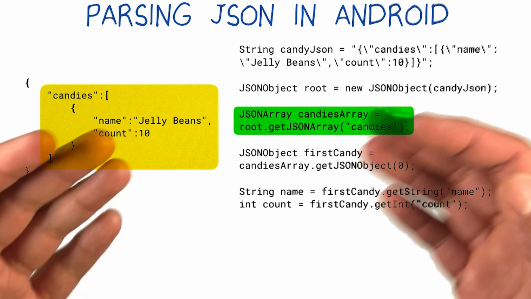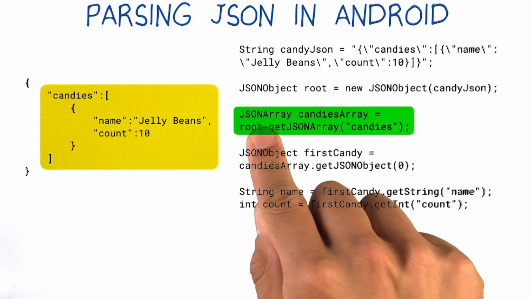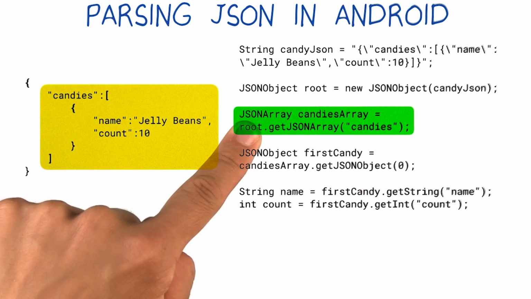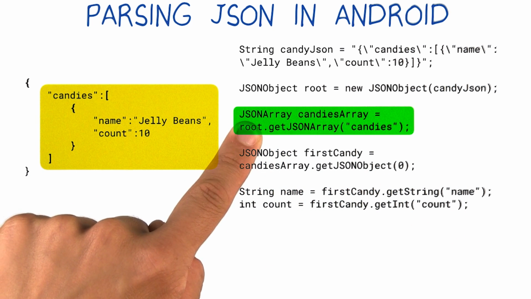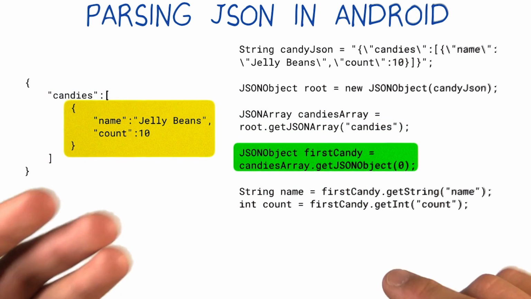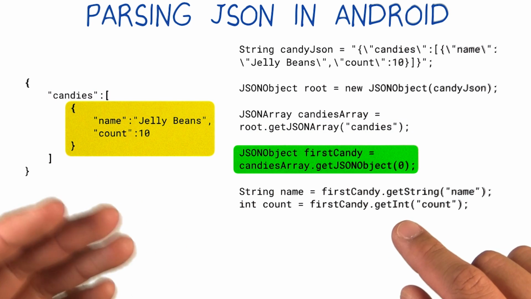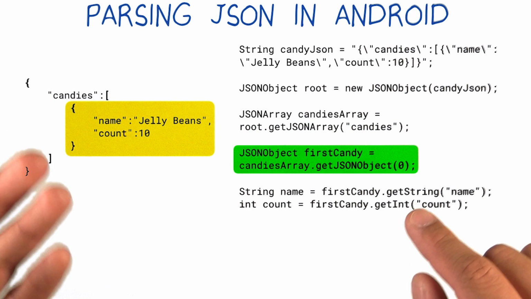Now, we can store this in a variable named candiesArray with data type JSONArray. Now, the JSONArray class exposes a method called getJSONObject to access an object at a specified index position. So we can get the 0th JSON object in that array, which means the very first one in the list.